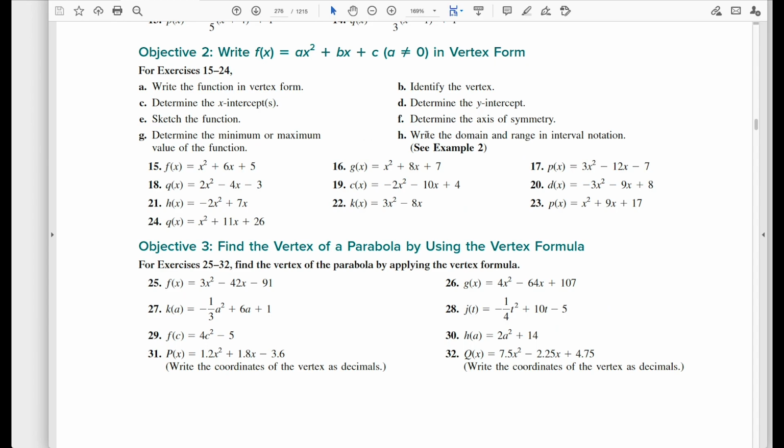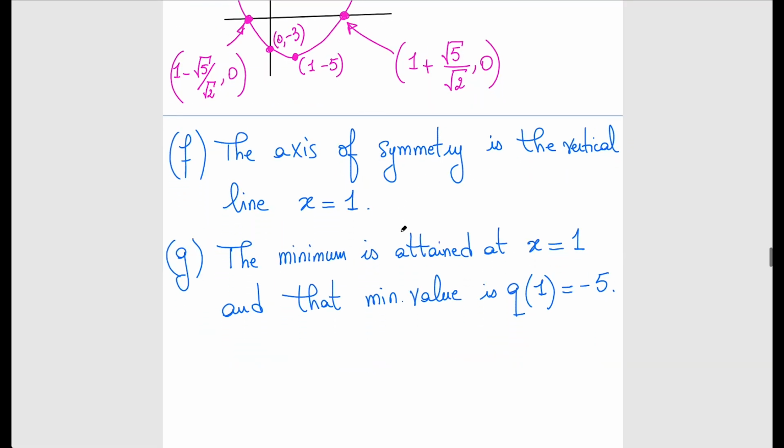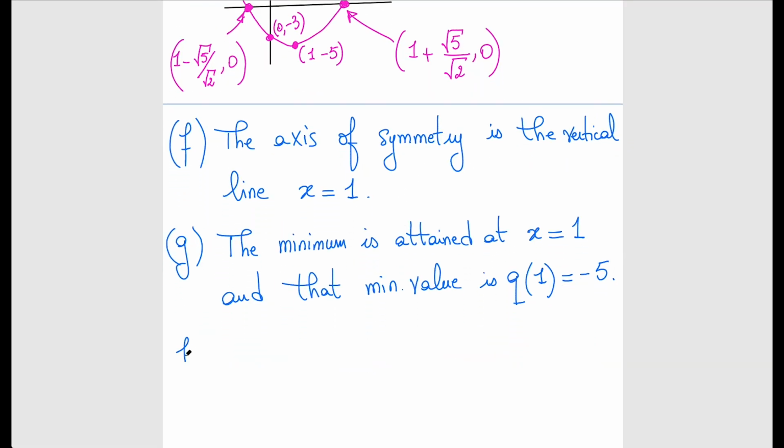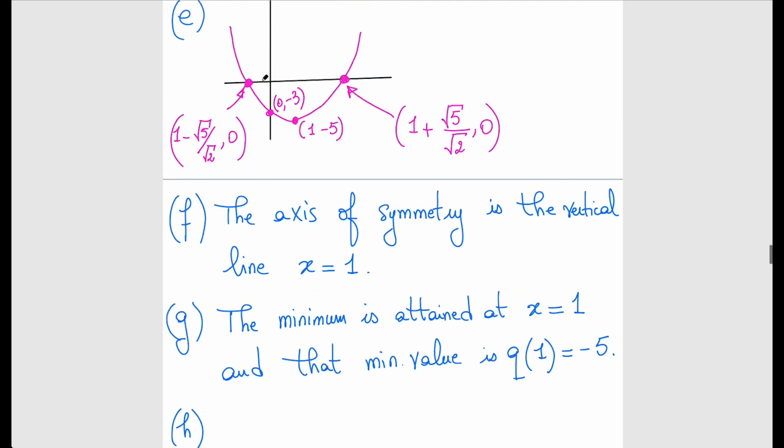Okay, and lastly, like before, write the domain and range in interval notation. That's h. The domain of the function, the domain of any quadratic function is all real numbers.